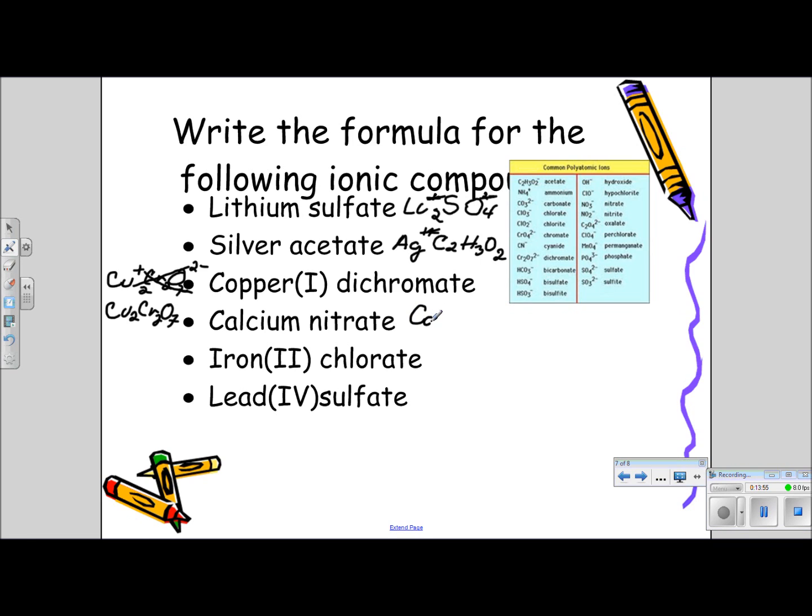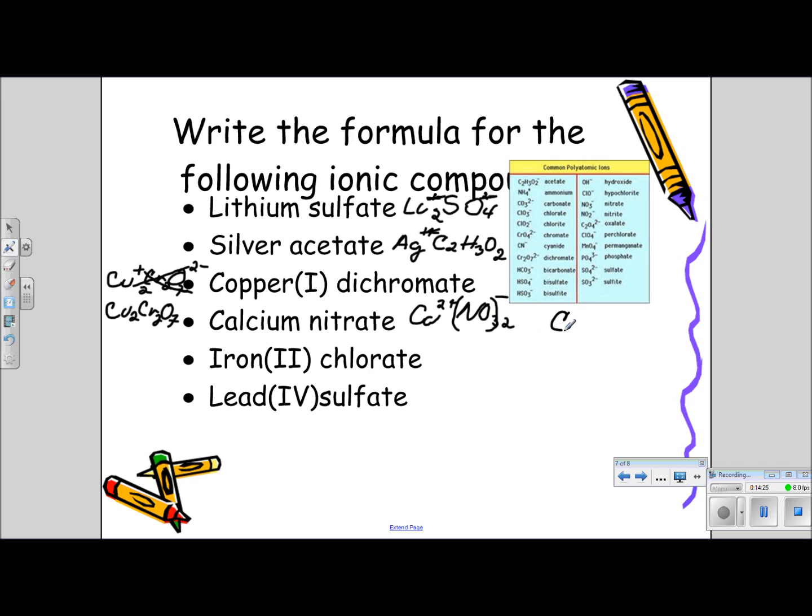Calcium, Ca, that's 2 plus. Nitrate is NO3 minus. So we're going to crisscross. 1 comes down here. It is understood. 2 is going to come down here. But instead of writing the 2 here, and it's looking like it's 32, and it gets confusing, whenever you add a subscript to a polyatomic ion, you must add parentheses.